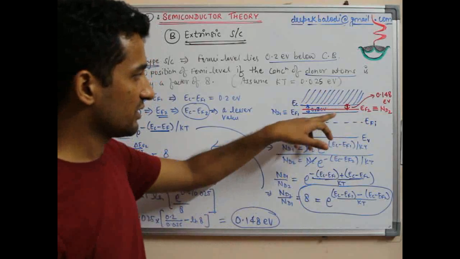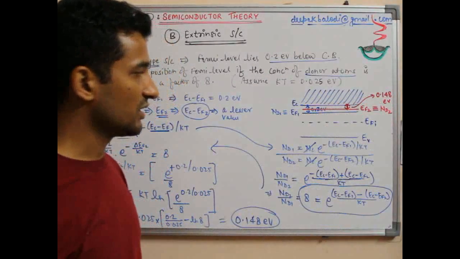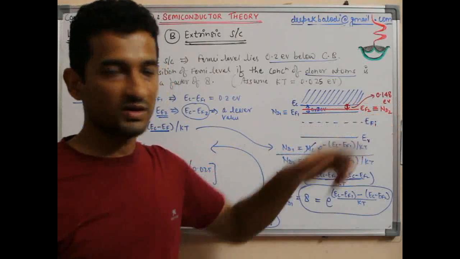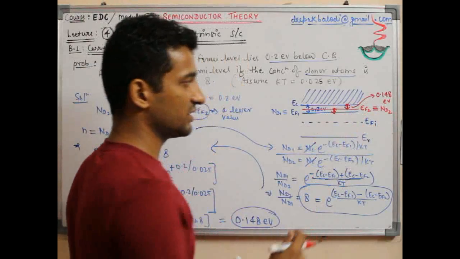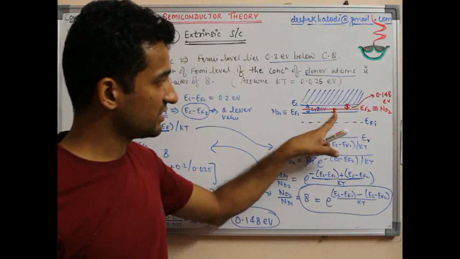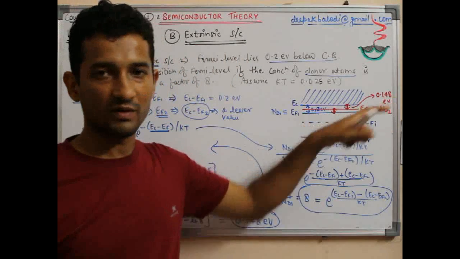Even this change from 0.2 to 0.148, so the shift is 0.2 minus 0.148. So this much is the shift in Fermi level once the doping concentration is increased by a factor of 8.